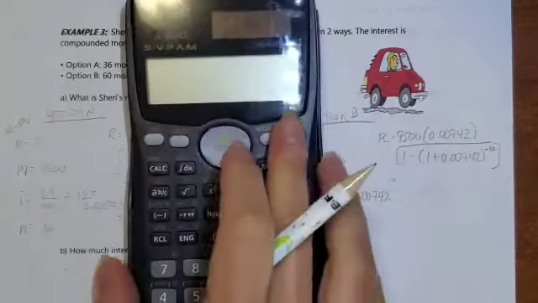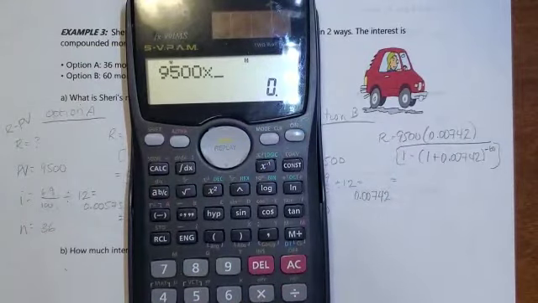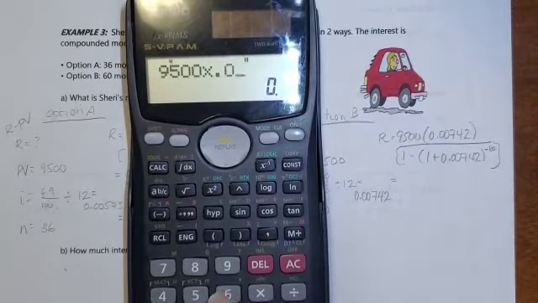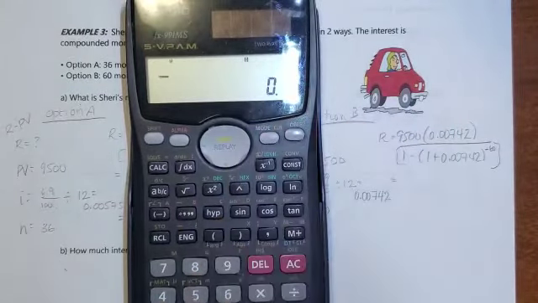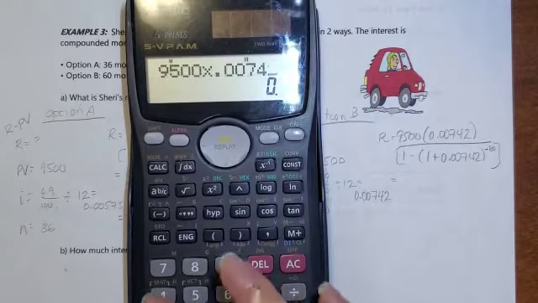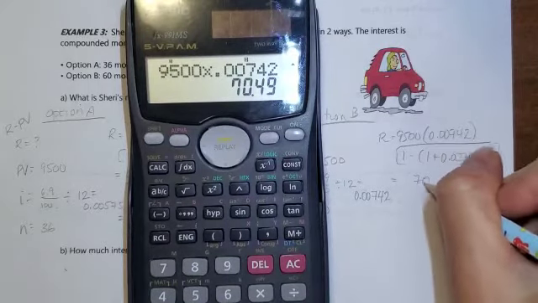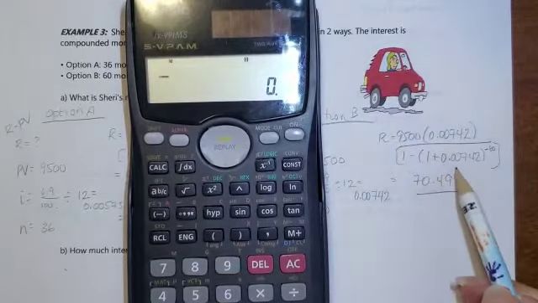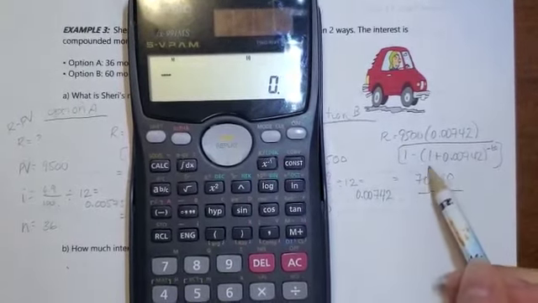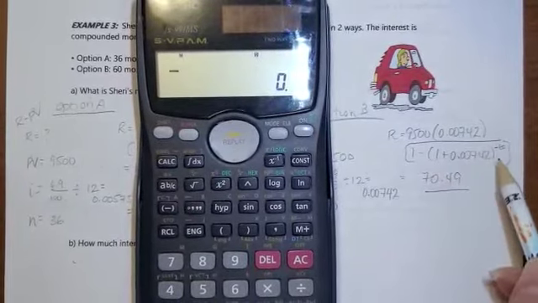So multiply the top first, so 9,500 times 0.00742. Oh, that was 741. Let me recalculate. Times is 7049. Now when we simplify our bottom, we do the inner bracket first.